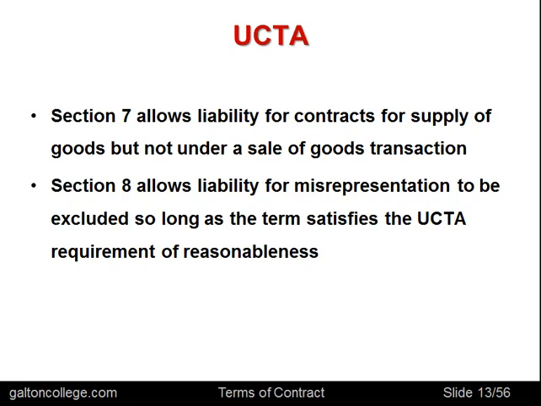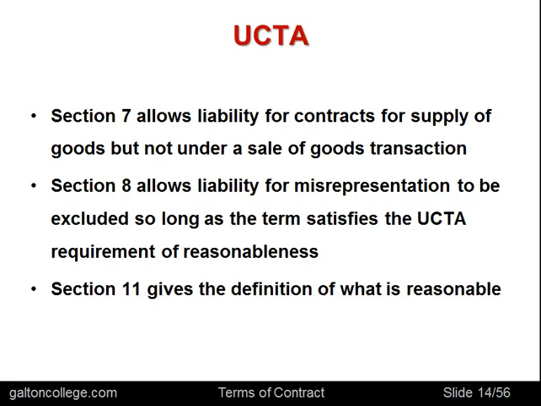The courts look carefully at the wording of contracts, try to determine what is reasonable, and if they deem a certain clause to be reasonable, then it may be possible that misrepresentation can be excluded on that basis. But it has to be reasonable.